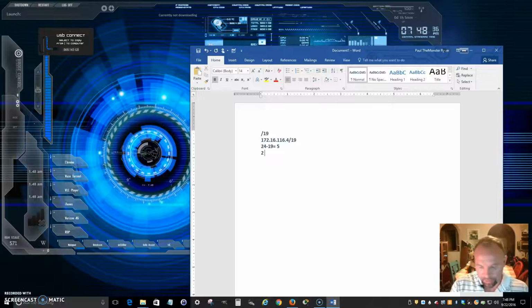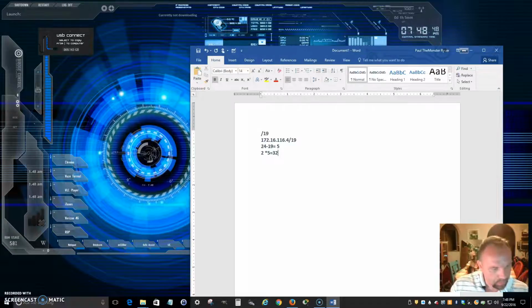Then we do our powers of 2: 2 to the power of 5 equals 32. So now we're going to be in the third octet.